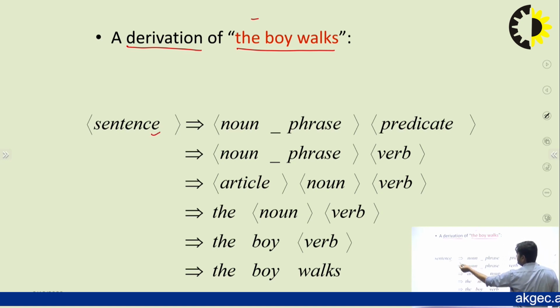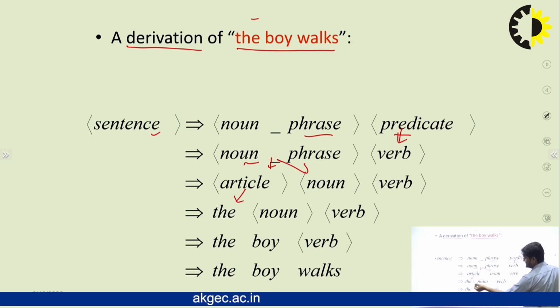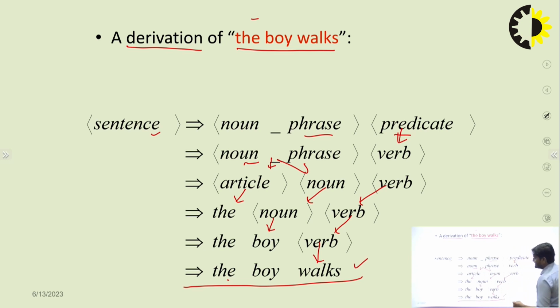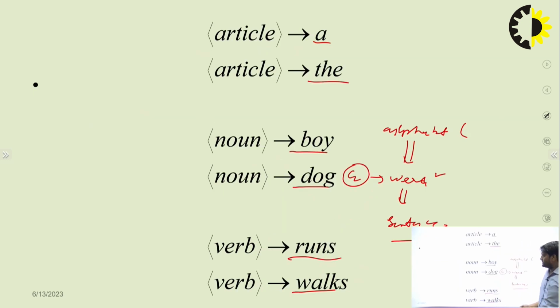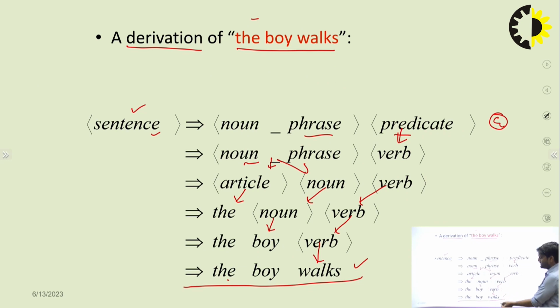Sentence generates noun phrase and predicate; predicate generates verb; noun phrase generates article and noun. Article terminates with the, noun terminates with boy, and verb terminates with walks. Now we read from left to right: "the boy walks," that is a sentence. This sentence is generated by the set of rules given here, which is known as a grammar. Grammar is a set of rules that generates a sentence.